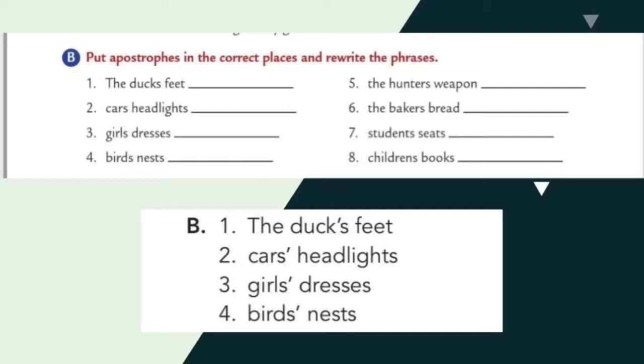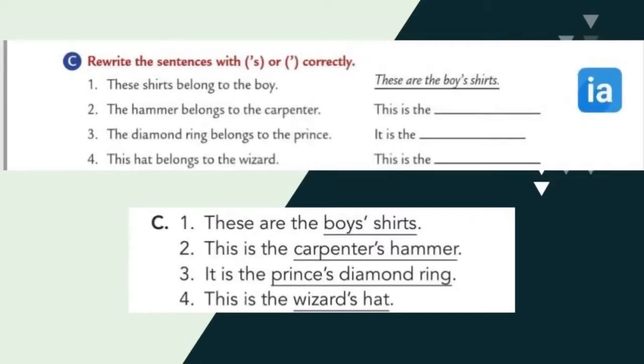Okay, students, let's move to the third exercise, that is, rewrite the sentences with apostrophe s or apostrophe correctly. They have given some sentences and we should use apostrophe s or apostrophe in the correct places and then rewrite the sentences. Let's see the first one. These shirts belong to the boy. Actually boy is the singular noun.